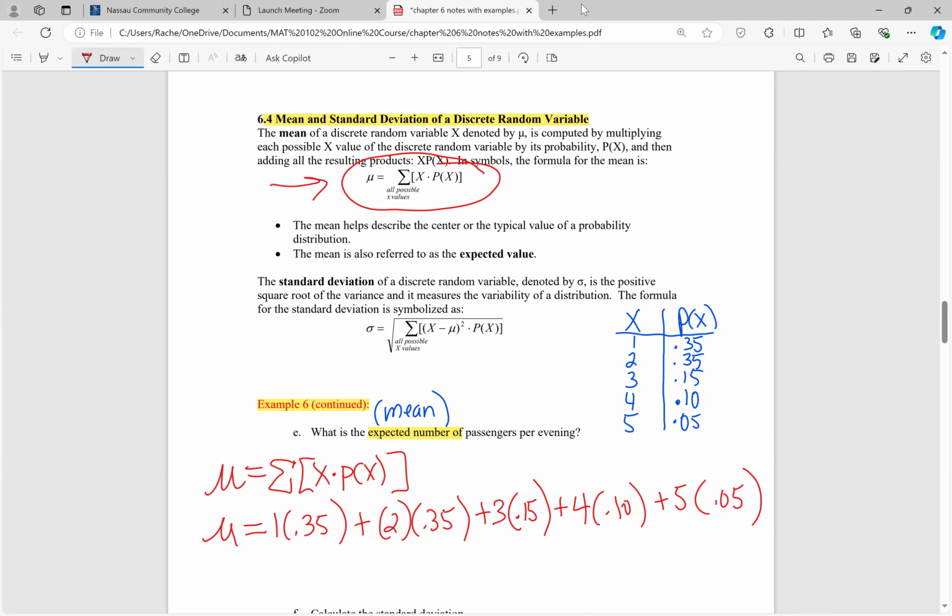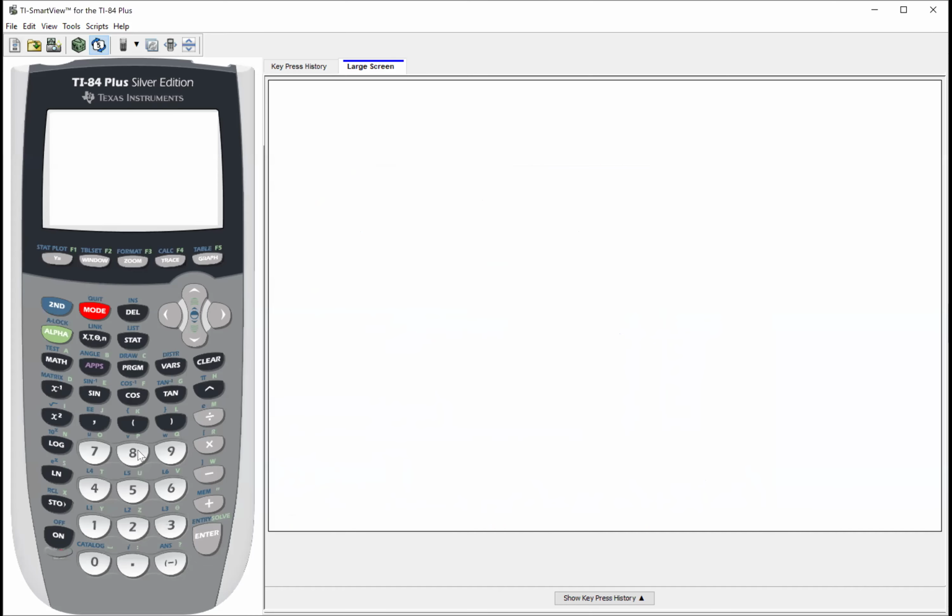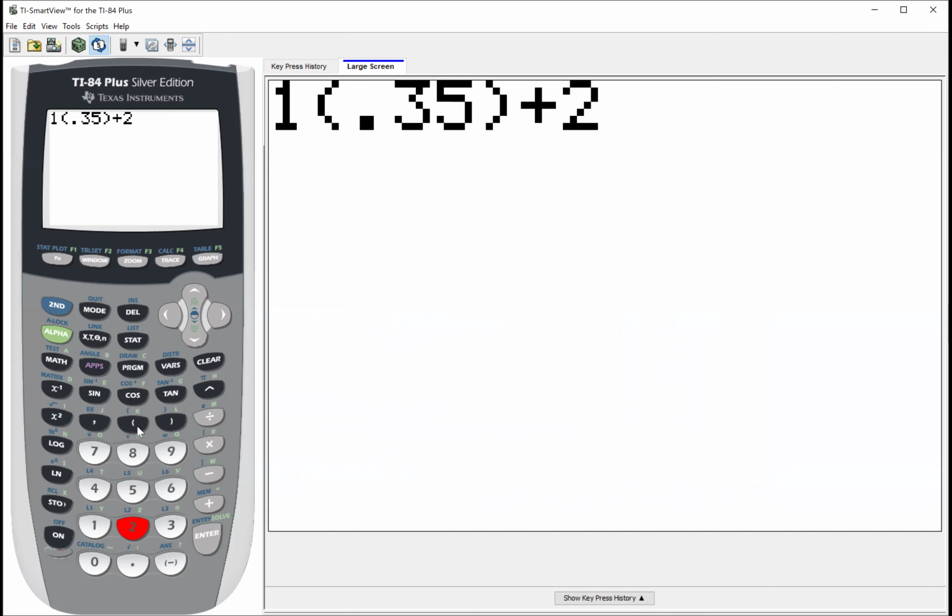Now we just have to plug this into the calculator, exactly how you see it on the paper. So we can do this together. First we're going to take 1 and multiply it by 0.35. We can use parentheses as multiplication. Plus, now we're going to take 2 and multiply that by 0.35.